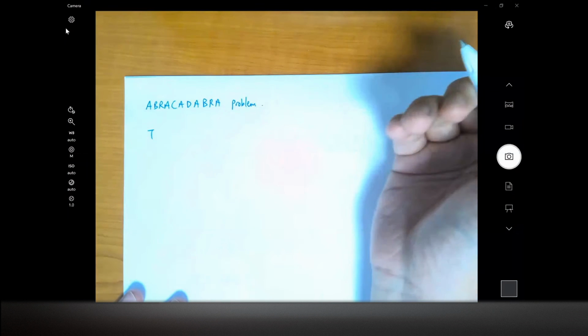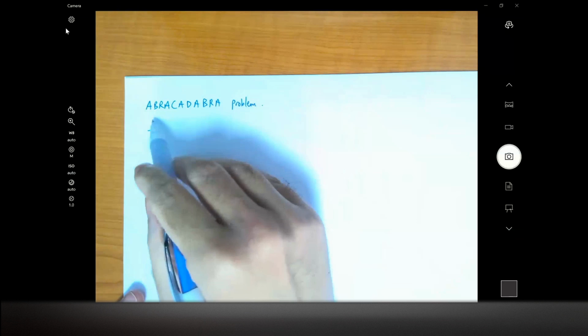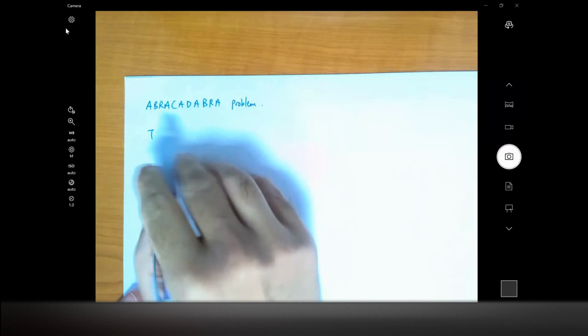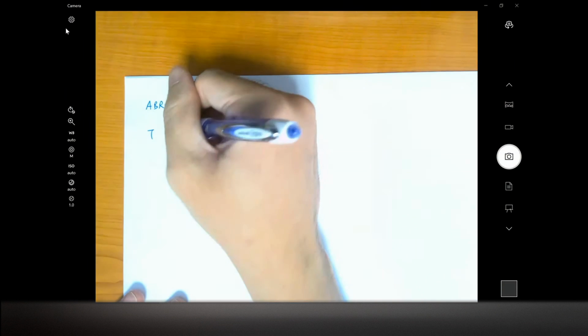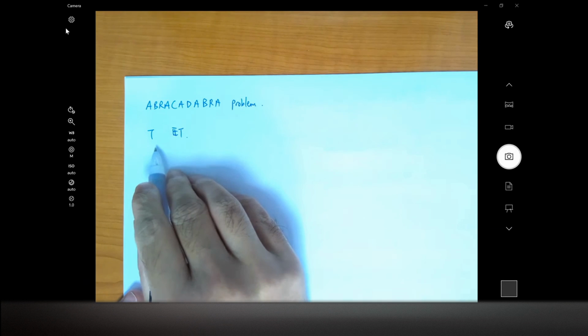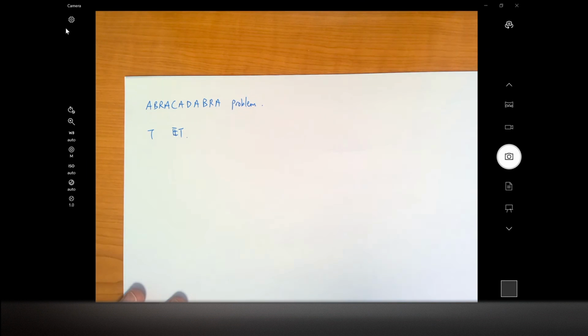Okay, so let T be the stopping time that we are looking for. So T is the first time that your monkey types out this sequence. Basically we are trying to look for the expectation of T. In particular, T is a stopping time.